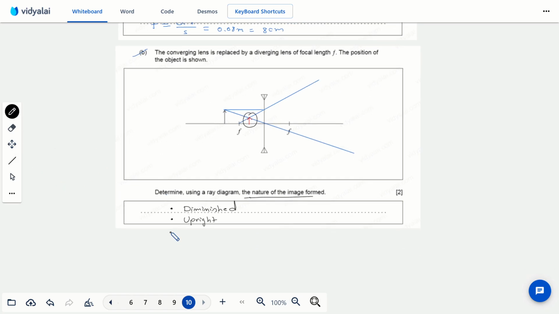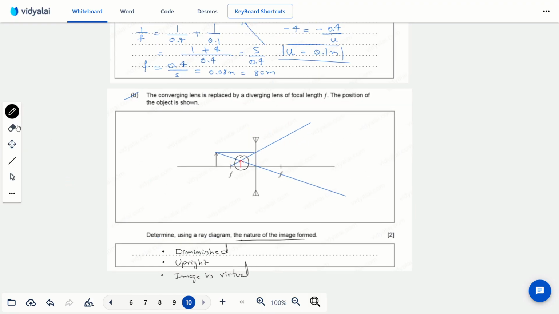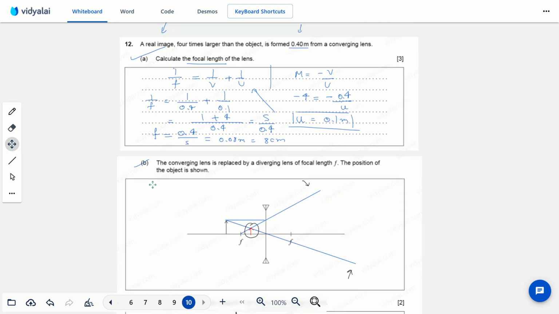The last point is that because the image is formed along the same side as where the object's present, we say that this image is virtual. And we also know that these rays are diverging, so it cannot be projected onto a screen, so it is virtual. Okay, so that solves question 12.